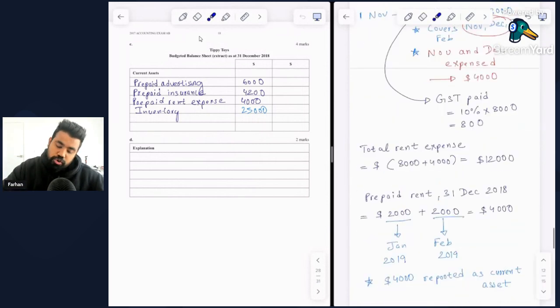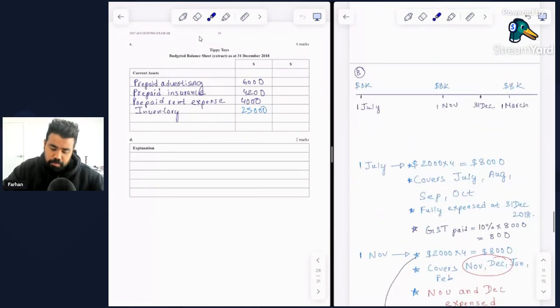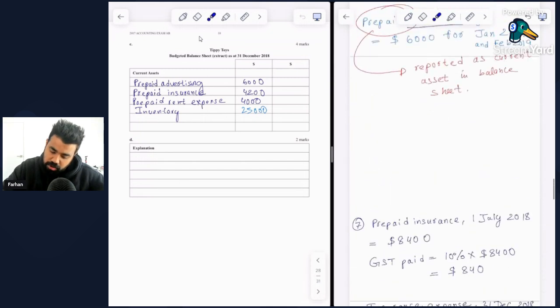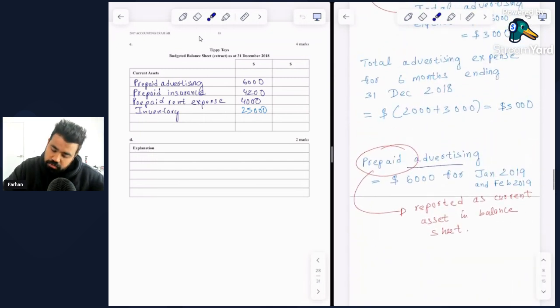So remember, we were going through a lot of workings and we've calculated the amounts for prepaid separately every time. So starting with the first one, that's prepaid advertising, which is $6,000 for 2 months of Jan 2019 and February 2019, which is the next year, given that we're working with a business which has a financial year that just ended at 31 December 2018. So the prepaid advertising is $6,000.